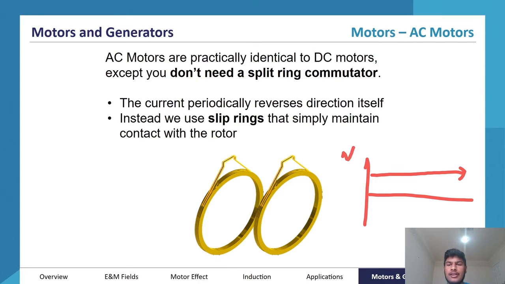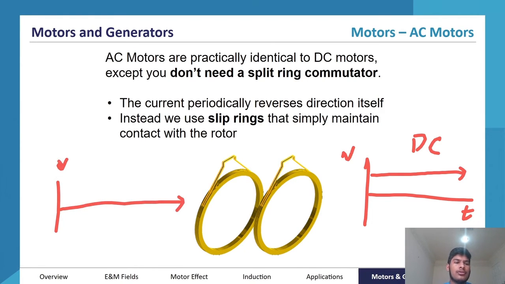So this is, let's say, voltage over time. This is DC. But in the case of AC, if we're looking at the voltage over time, it's going to flicker back and forth. It's going to flick up, down, and so on. It's sort of like a sine wave. It is a sine wave, pretty much.